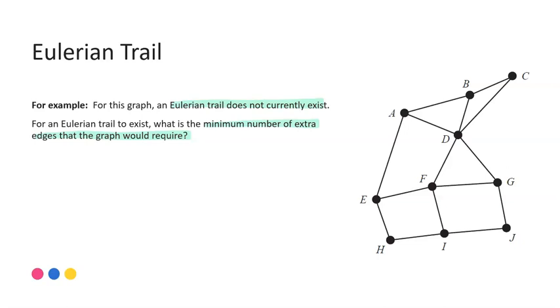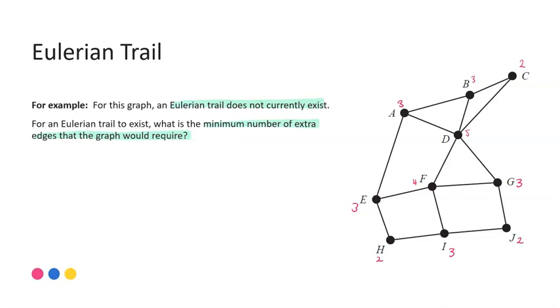So first I'm going to go through and just check all of the degrees of the vertices. So A has a degree of 3, B has a degree of 3, C has a degree of 2, D has a degree of 5, E has a degree of 3, F has a degree of 4, G has a degree of 3, H degree of 2, I degree of 3, and J degree of 2.